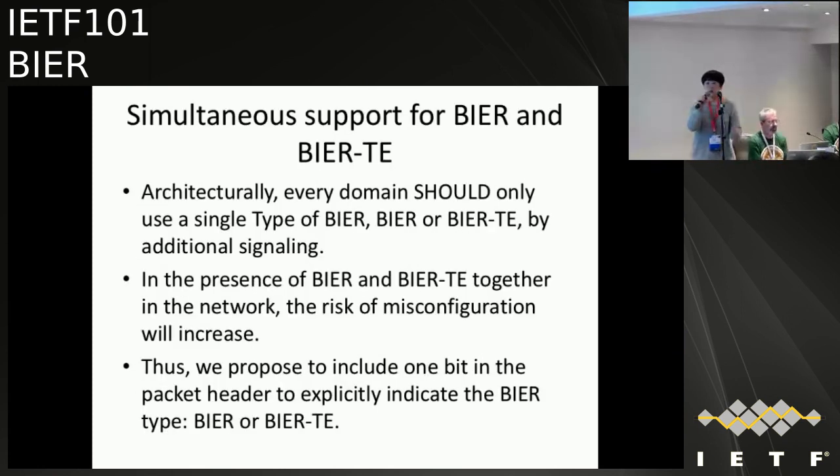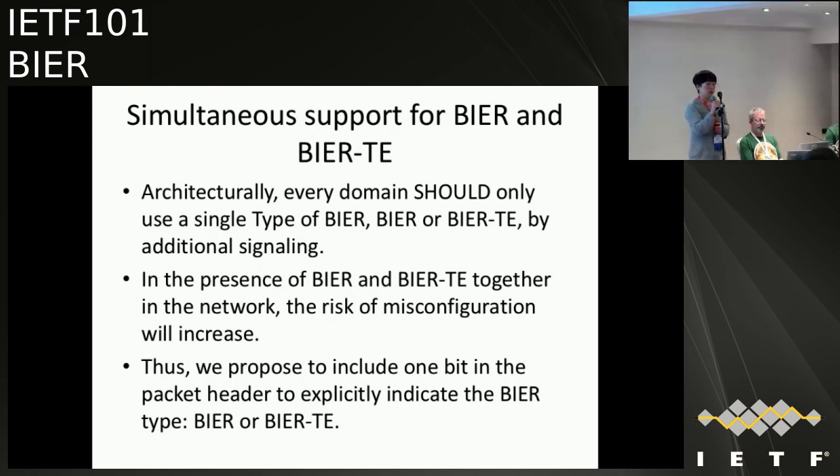Next, please. Okay, the first feature of this encapsulation is simultaneous support for BIER and BIER-TE. Every domain should only use a single type of either BIER or BIER-TE. Of course, it could be achieved by additional signaling, but there may be cases where BIER and BIER-TE exist together in the network, so some configurations may increase.